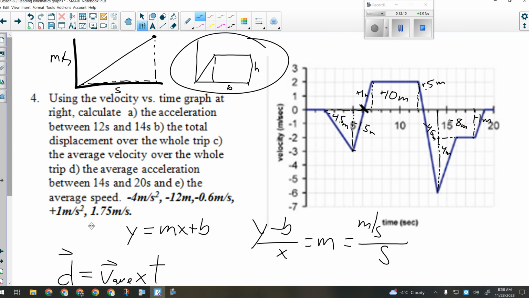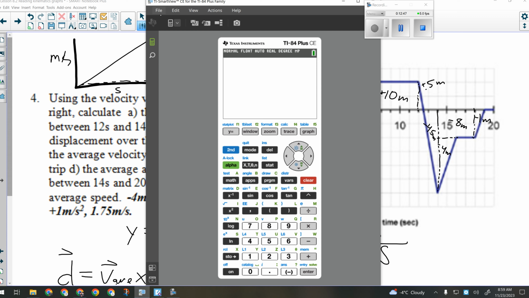Don't know who touched my calculator. I don't like it. It's too big. Anyway, so I gotta move it over here.